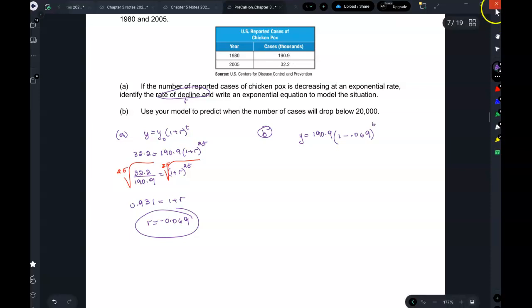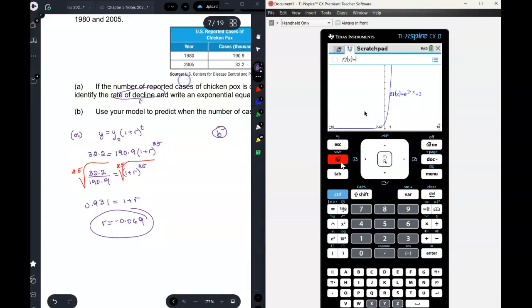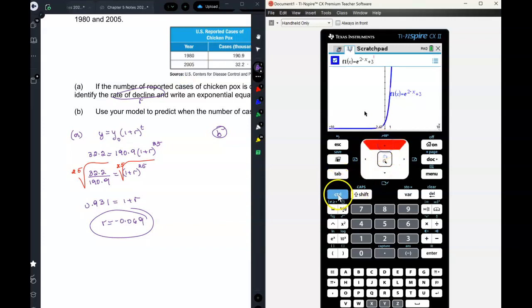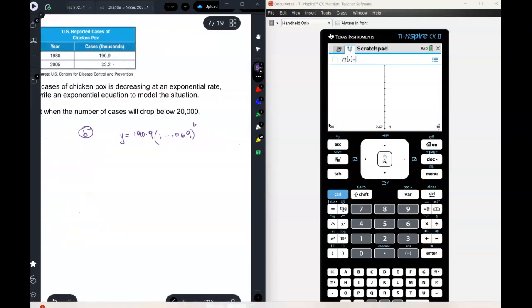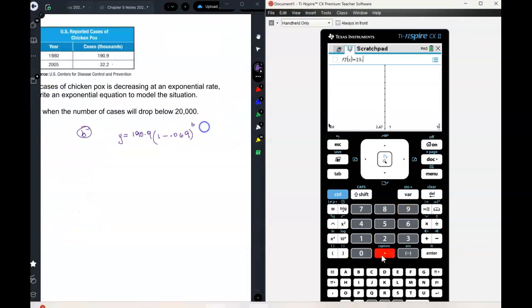Okay? So now I go to my graph. Let's get rid of this. And that's what I'm going to graph over here. 190.9 times 1 minus 0.069 to the power of x.